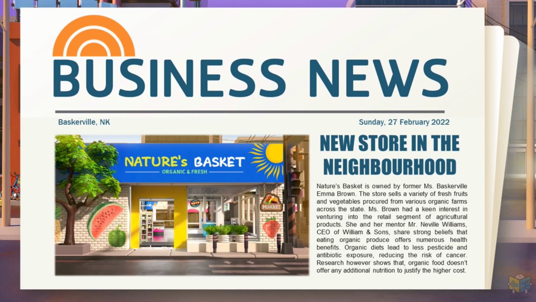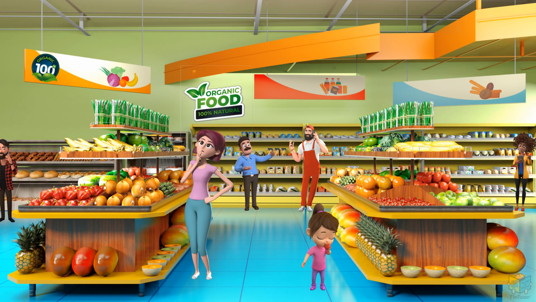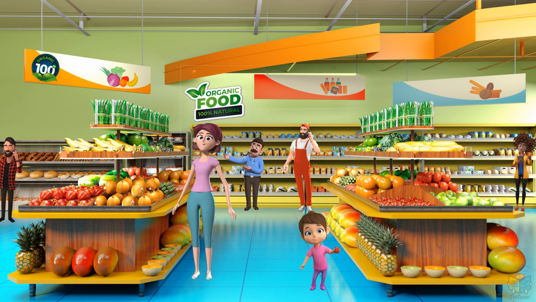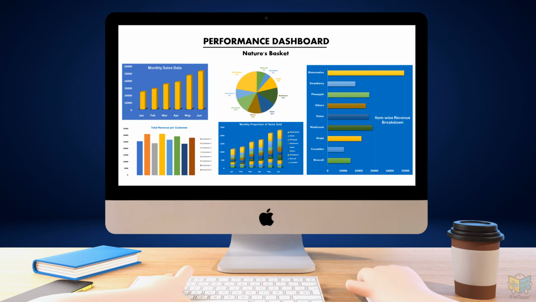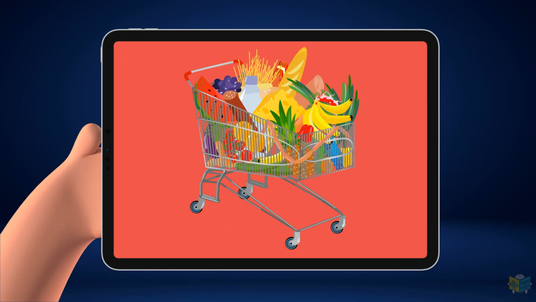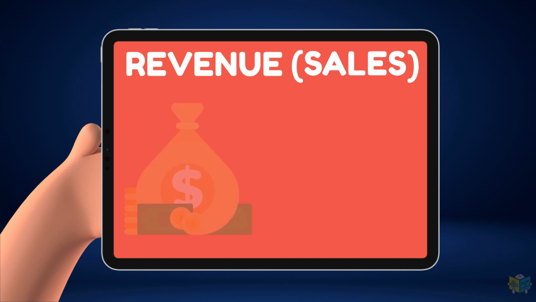With some advertising and publicity, Emma is able to attract customers to her shop, and her sales increase. The amount received from selling the fruits and vegetables is known as revenue, and it is an income for the business.